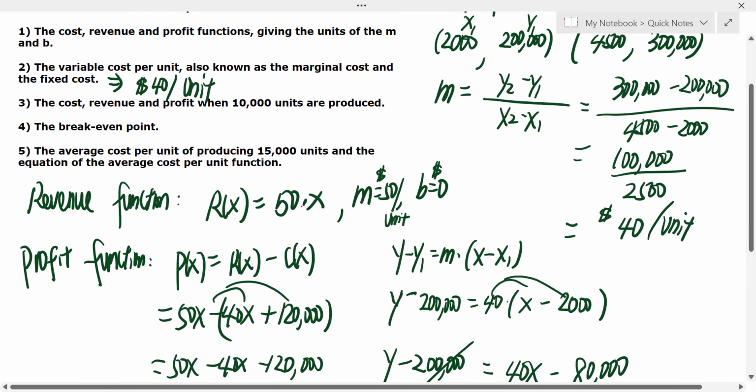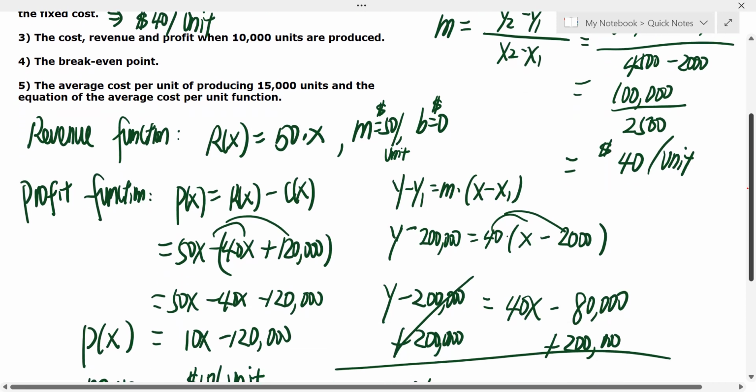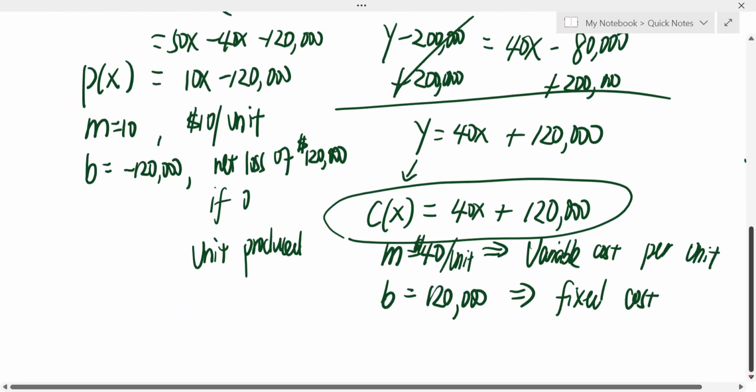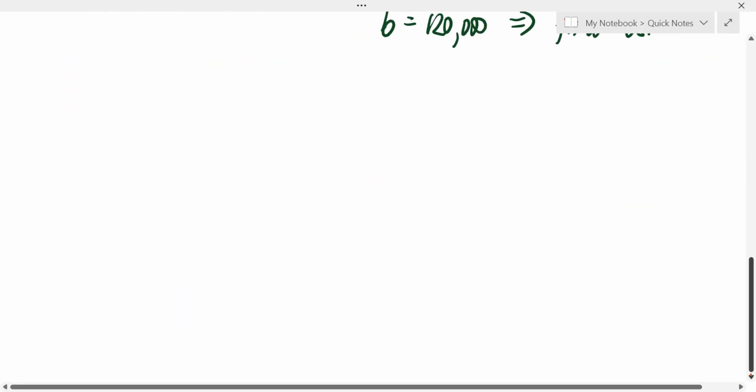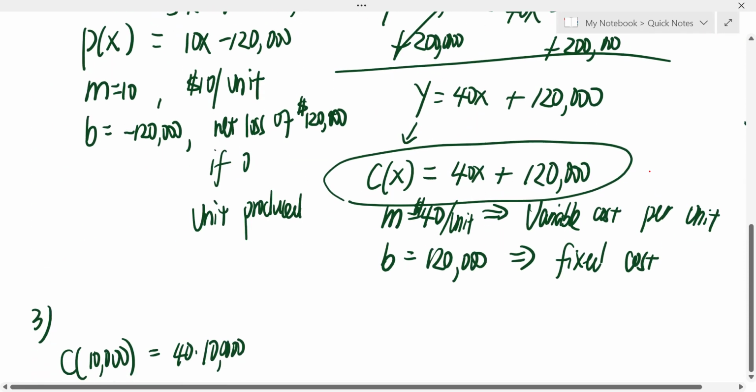Okay. And the cost, revenue, and profit when 10,000 units are produced. So we just have to plug into each function properly when 10,000 units are produced. So for the cost of 10,000 units, it's going to be 40 times 10,000 plus 120,000.